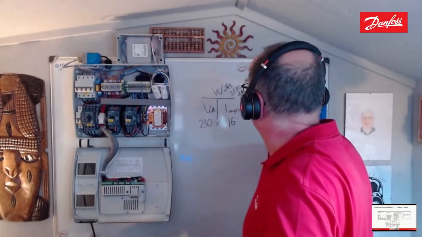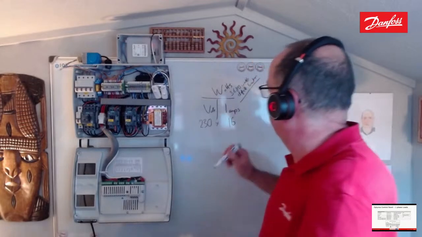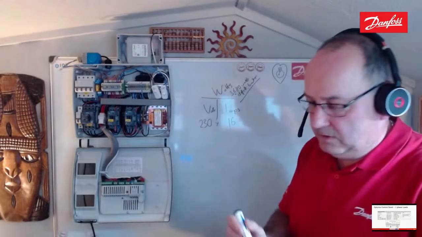So 3.6 kilowatt of defrost heaters is the absolute maximum that we can pull on that relay. You can't read my writing, so apologies for that.